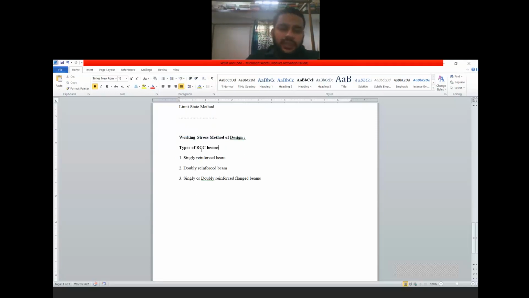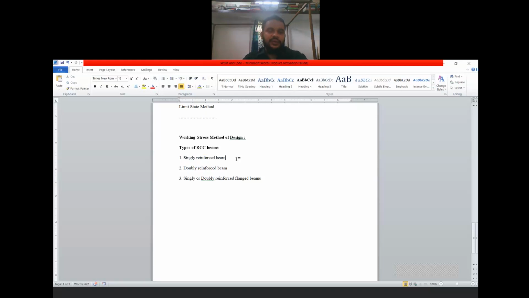Let us first see what are the different types of RCC beams. Our RCC beams may be singly reinforced beam, doubly reinforced beam, or singly or doubly reinforced flange beams. Can anyone have any idea about singly reinforced beam?